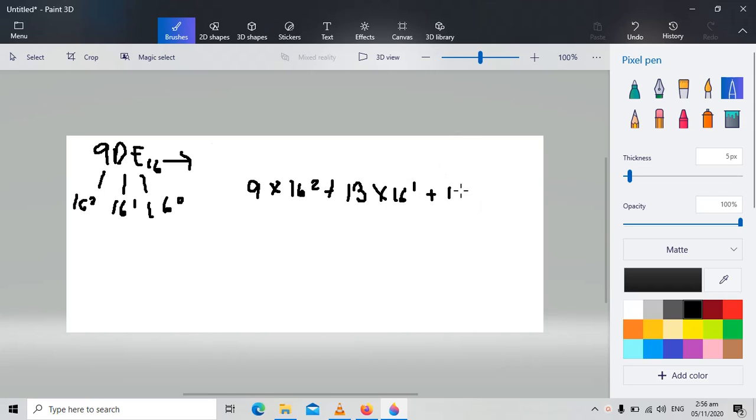So 14 times 16 to the power of 0. We need to multiply these problems here. 9 times 256 plus 13 times 16 is 208 plus 14 times 16 to the power of 0 is 14.